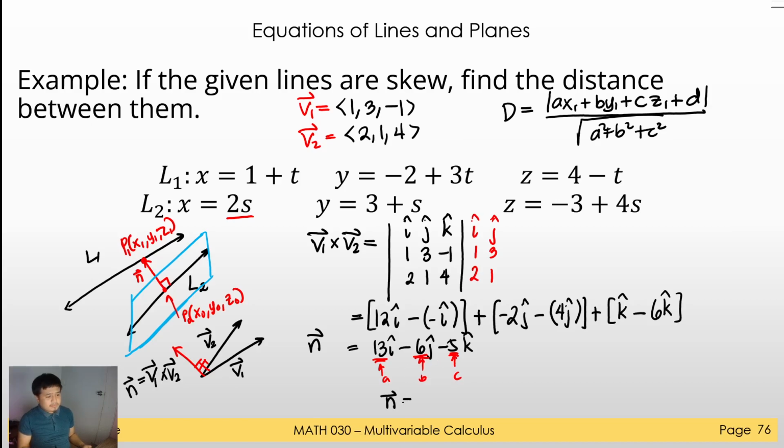The equation of a plane, which is a times x minus x sub 0, plus b times y minus y sub 0, plus c times z minus z sub 0, plus d is equal to 0, can be defined. Although we do not have yet a value of x sub 0, y sub 0, and z sub 0. So how do we do that?